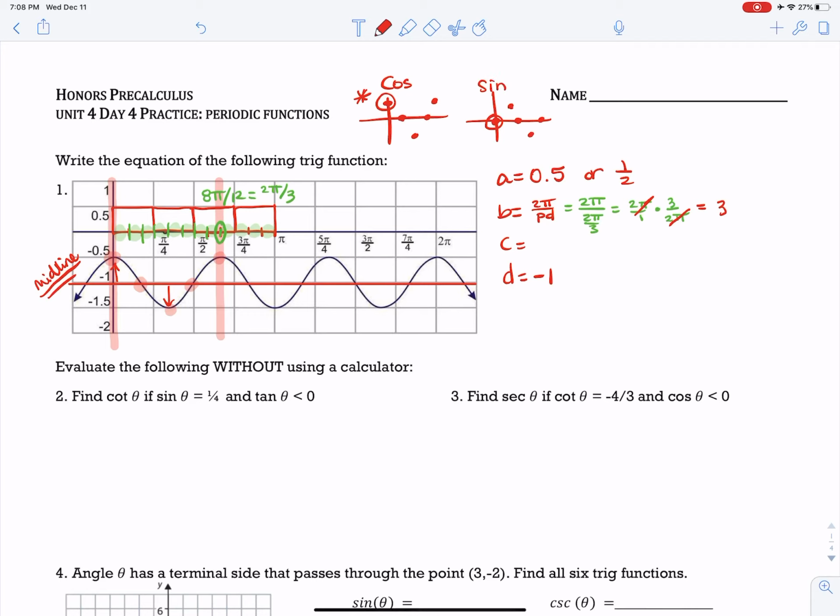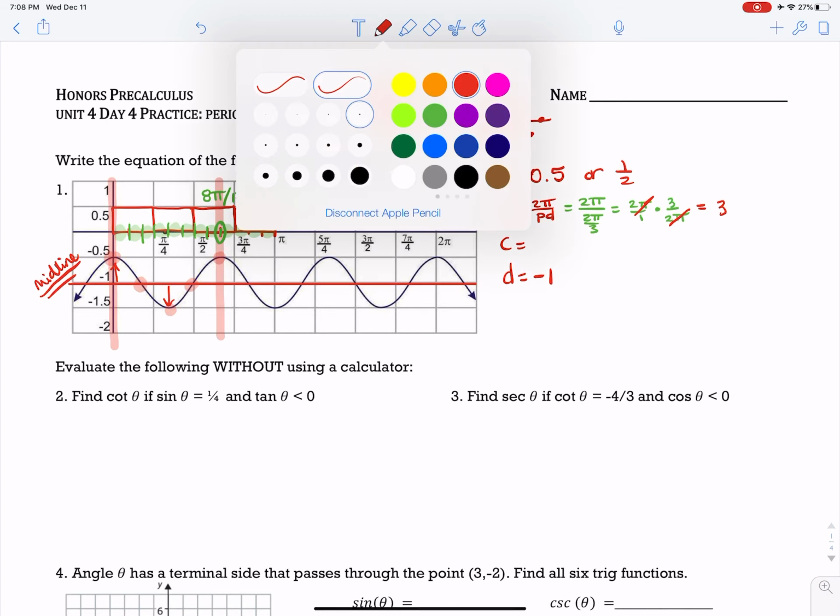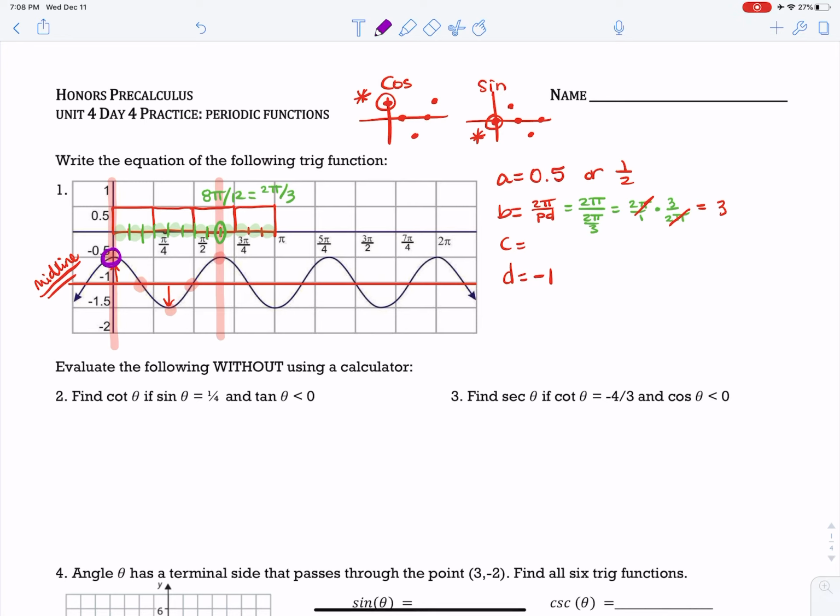And again, this is for sine. So we look and see, where is it starting? Is it starting at the high or the midline? In this particular case, it is indeed starting at the high. Ta-da! And it is following the downward trend, just like a cosine does. So this does not have a phase shift. The answer for this is none, since it starts where we want it to start, on the y-axis.